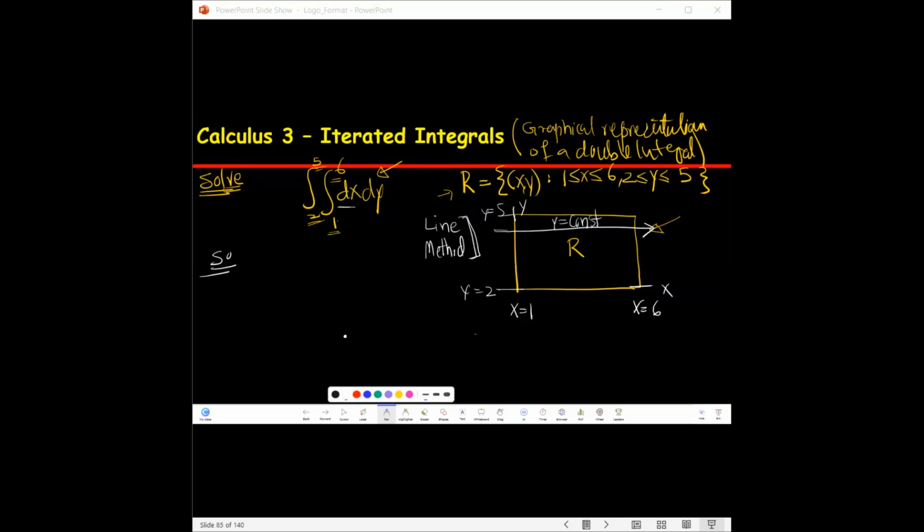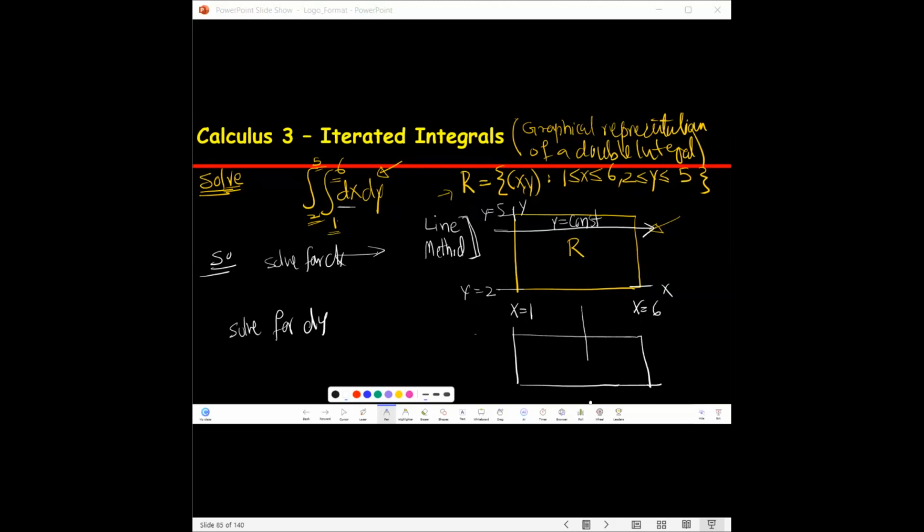Okay, this is how it's given. When I solve with the outside one, I'm going to solve for dy.